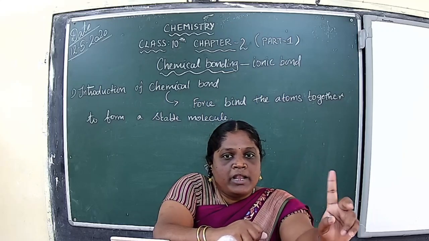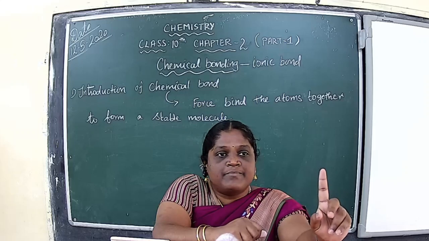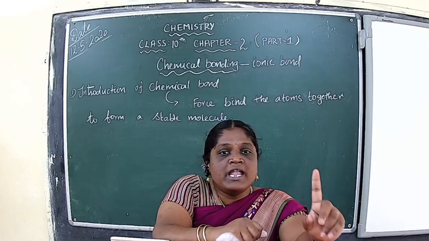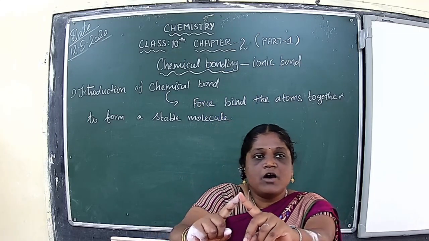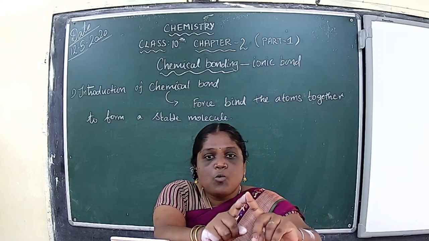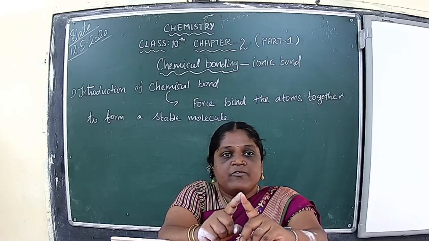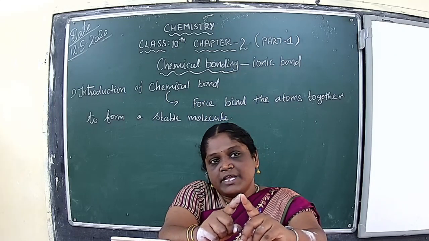One is the transfer of the electron from one atom to another atom, and then it attains the stable electronic configuration.